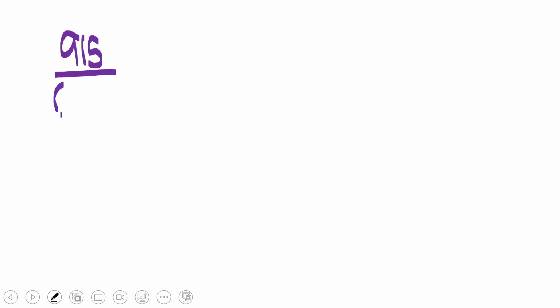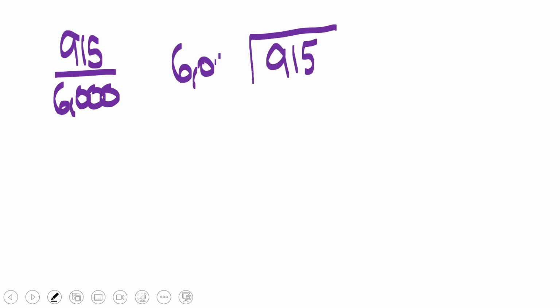So if you're just presenting a straight percentage, we're going to take our fraction, 915 in the house, 6,000 outside the house. Going to annex some zeros. Decimal goes straight up.